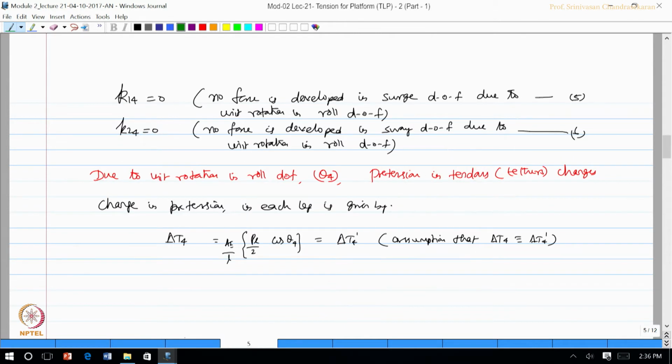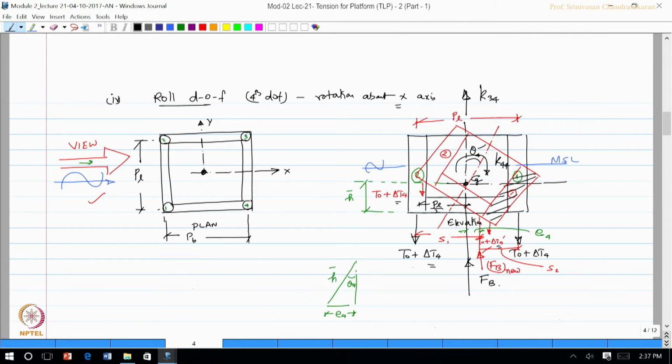So, with this logic we can now say that K 34, equation number 7, will be equal to delta T4 plus delta T4 prime, so twice of that, total 4 numbers, divided by theta 4. From the figure, sin theta 4 is E4 by h bar, and hence E4 is h bar sin theta 4.